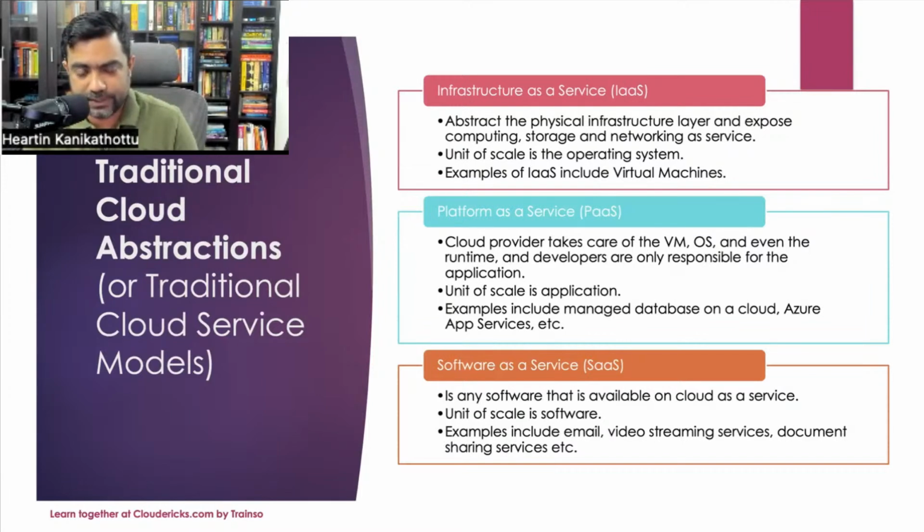For example, we can say that I want to work with Java this version or PHP this version or .NET this version. And after selecting Java, you can also say that I want to go with this server. For example, a Tomcat server of this version. All of these things you just have to select and your cloud provider will provision it for you on demand then and there. And you only have to make sure you create an application and you deploy it.